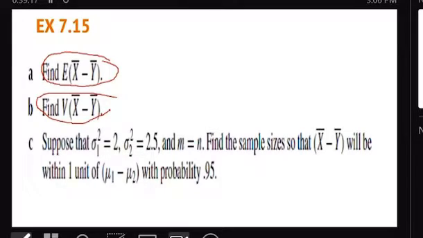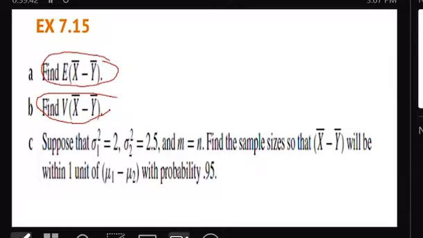Okay, and after that, part C said, suppose sigma 1 square is 2, sigma 2 square is 2.5, and the sample size that you choose independently from the two populations is the same. Find the sample size so that the difference will be within 1 unit of mu1 minus mu2. We've only been focusing on one variable at a time, but right now, two variables.